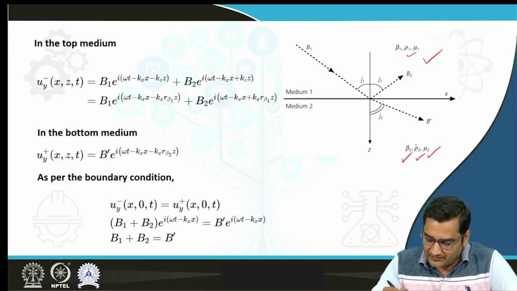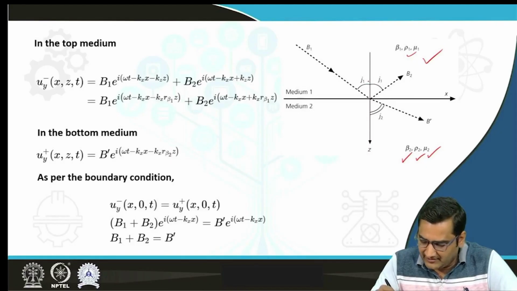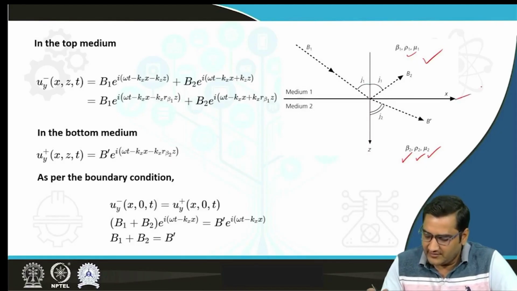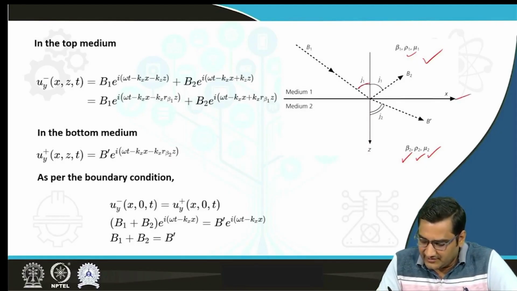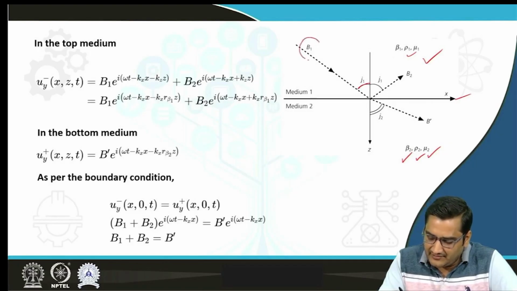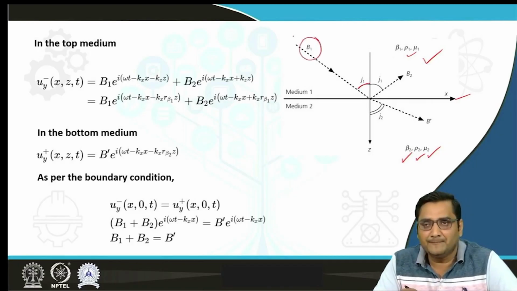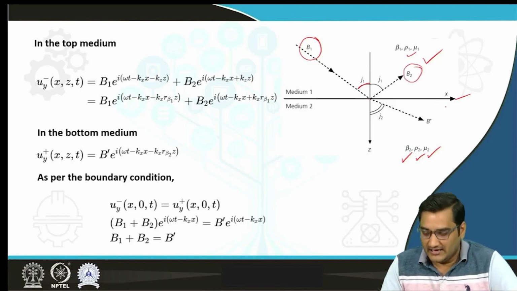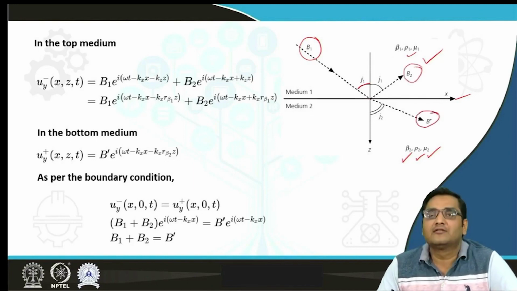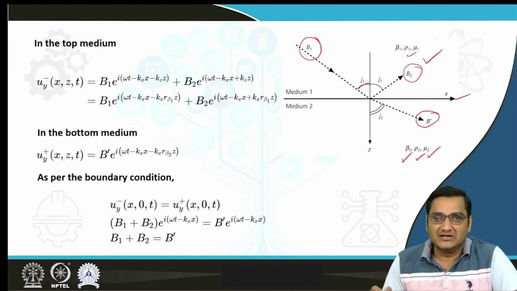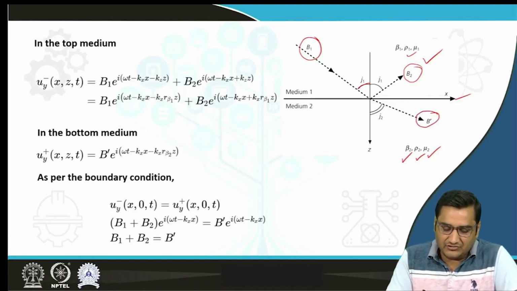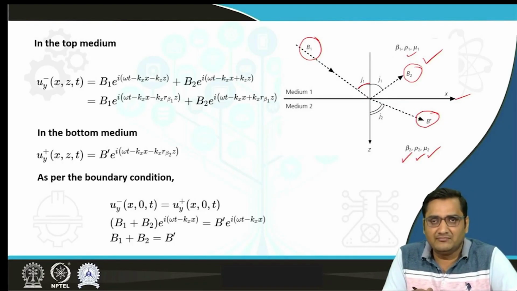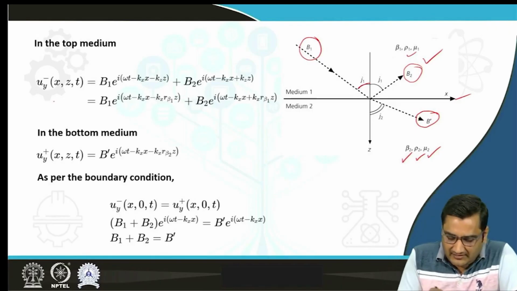The SH wave is incident upon this interface at an angle j1, and the incident wave is having its amplitude B1, the reflected wave is having its amplitude B2, and the transmitted wave is having its amplitude B dash.